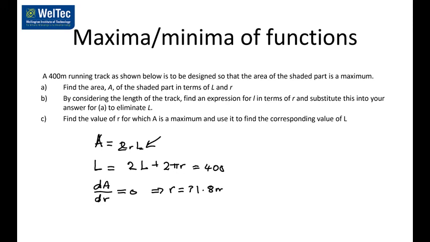And we use that to find the length, because rearranging equation 1, we can get an expression for L, we can find that the length is actually equal to 400. And that shouldn't be a surprise because that's actually how they work out the size of a track. Oops, sorry, not 400, 100.